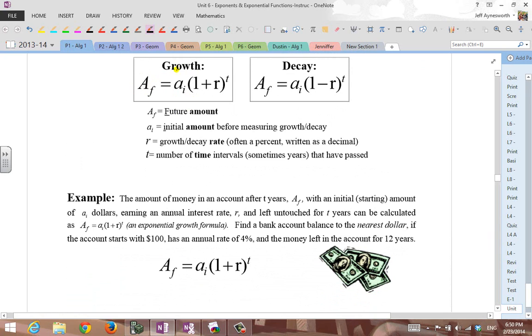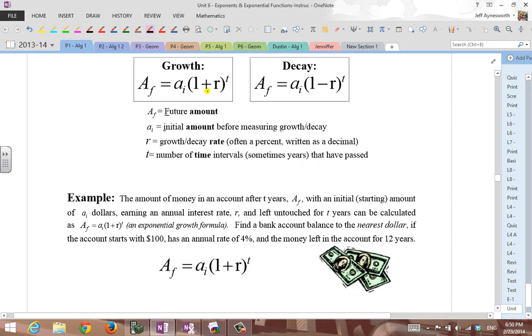Let's take a look at the growth first. A future amount is equal to the initial amount times the quantity 1 plus r, where r is the growth or decay rate, in this case the growth rate, raised to some time period t, where t is sometimes measured in years or some period of time.